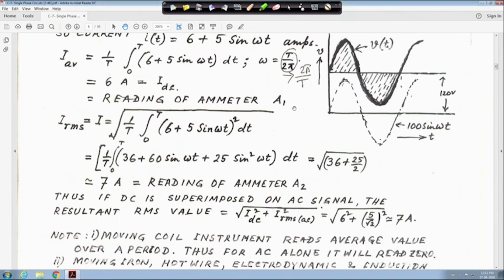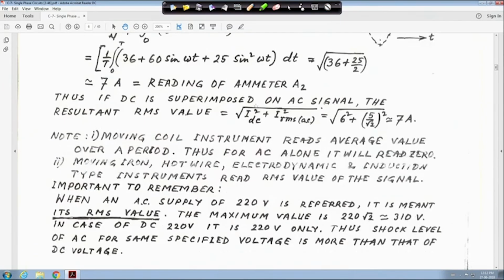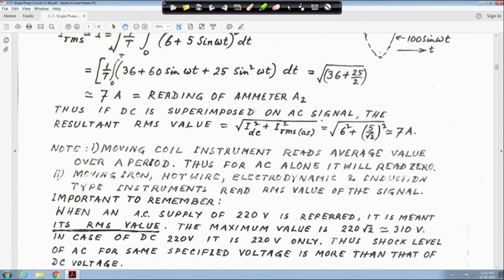Next, something you should keep in your mind: moving coil instruments read the average value, while moving iron, hot wire, electrodynamic and induction type instruments read the RMS value of the signal.